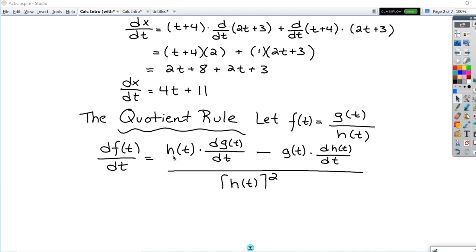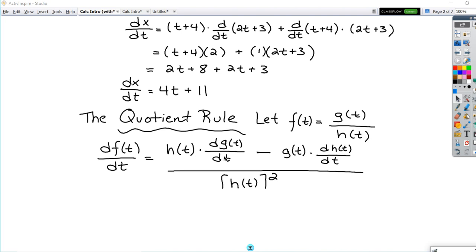The top looks very similar to our product rule, where we multiply one of the original functions by the other's derivative, and vice versa. The one big difference is that there's a minus sign. Instead of plus, it's minus.